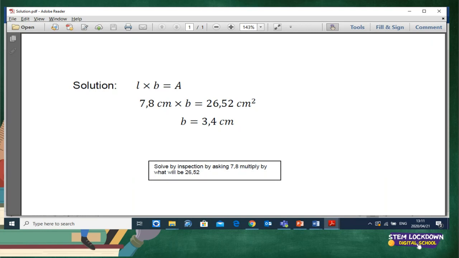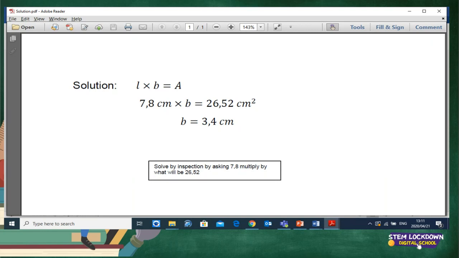And of course, if you want to test your answer, to check if your answer is correct, you can simply multiply L by B. In other words, you can multiply 7,8 centimeters by 3,4 centimeters in order to check whether you will get the same answer as the area that we have there. So I can assure you now, if you multiply 7,8 by 3,4, you will definitely get 26,52.